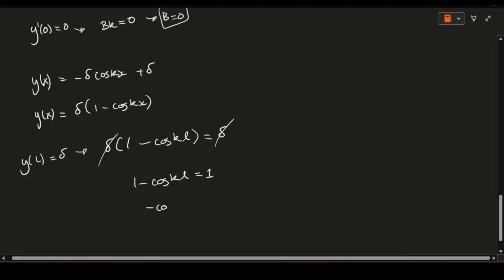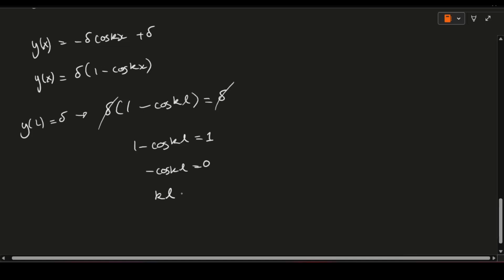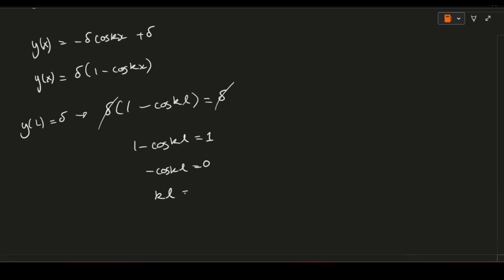So cosine kL is equal to 0. In turn, let's take the arc cosine on both sides. We get that kL is equal to pi over 2 times (2n minus 1) for n equals 1, 2, 3, and so on.